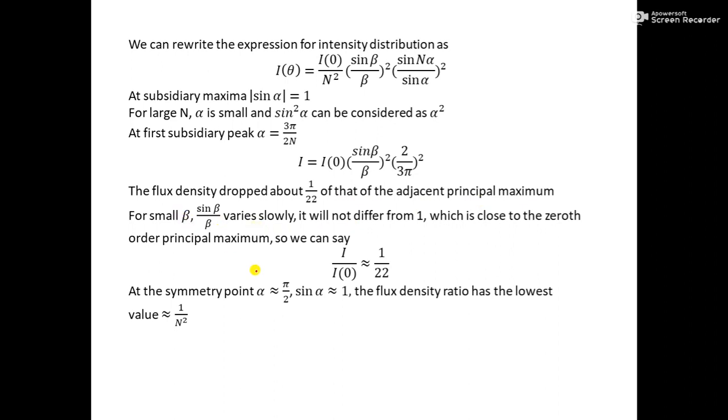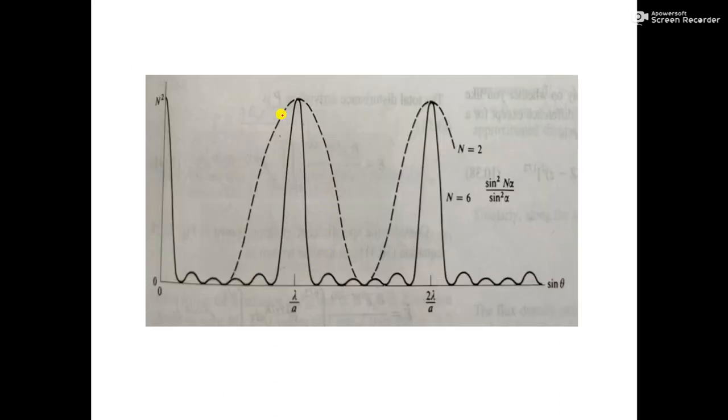This is the reason: the principal maximum has intensity n², and the intensity of the next subsidiary maximum is much less, nearly 1/22 of the principal maximum.